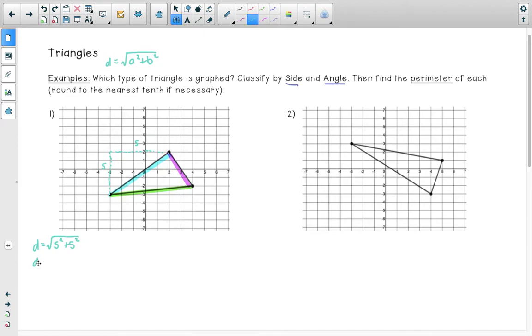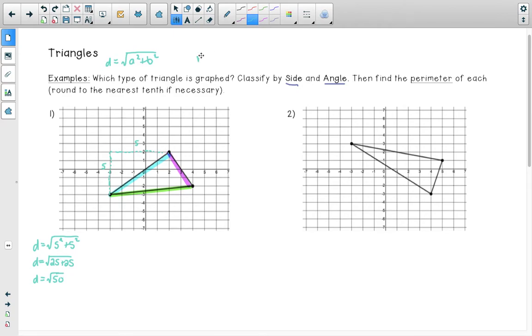So the distance D is equal to the square root of 25 plus 25, which is the square root of 50. I'm going to keep it like this for now because I don't want to simplify anything yet. I can when I get my perimeter, but I'm going to keep everything as it is right now so I don't have decimals.